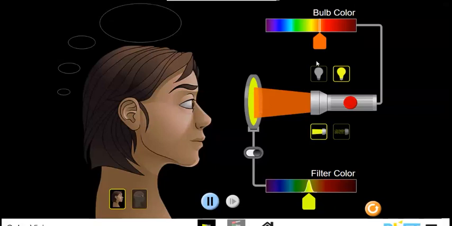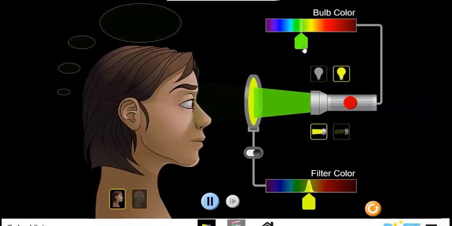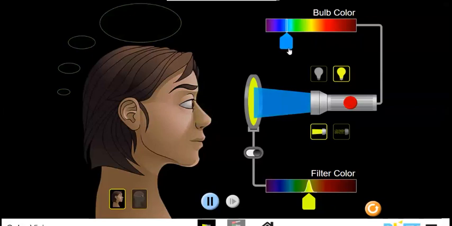So when you allow red, the other color will not reach the eye. When you allow green, it will come, and then the other will not be allowed. So you see here, it will not allow, not allowed.